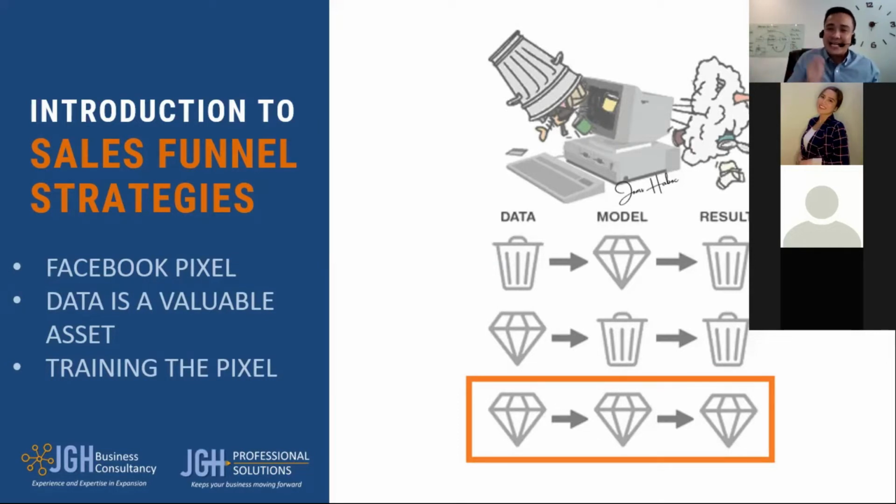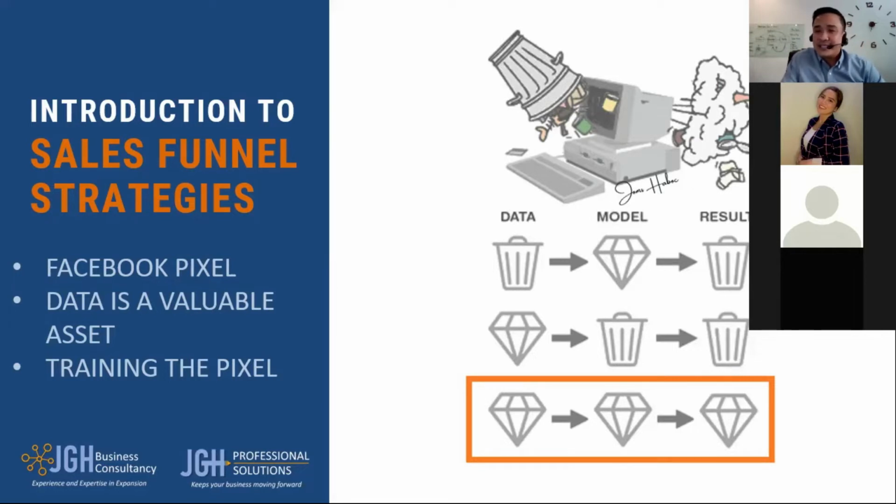The Facebook advertising algorithm is data-driven. So the more data that we generate in our platform, the more efficient advertising we can have. The more relevant data that we feed into our system, mas matalino ang algorithm natin.